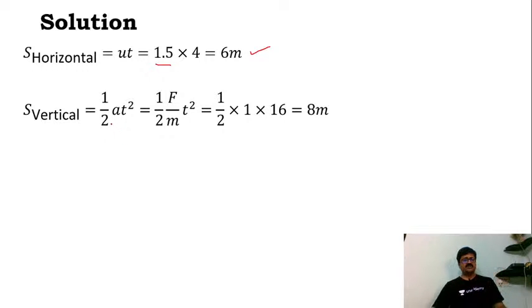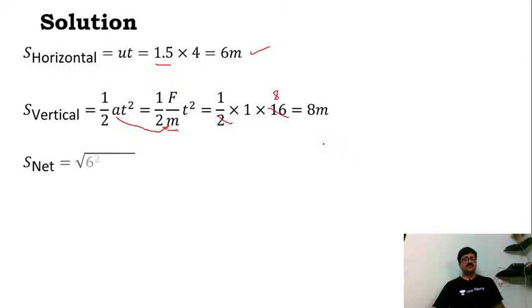Half into F by m is acceleration, then into t square. So half into F by m is obviously 1, into 4 square, that is 16. So 2 ones are 2, 2 eights are 16, so our answer is 8 meter here.